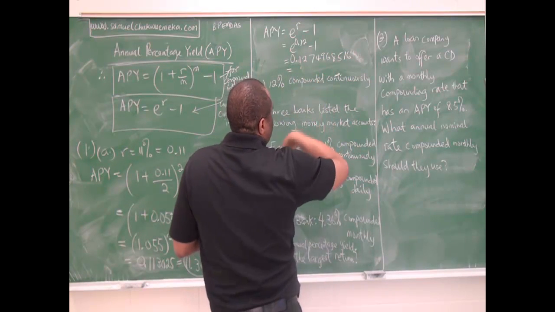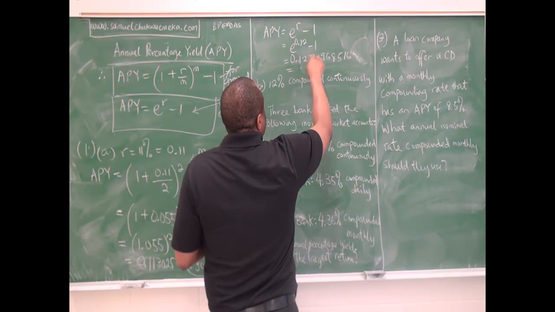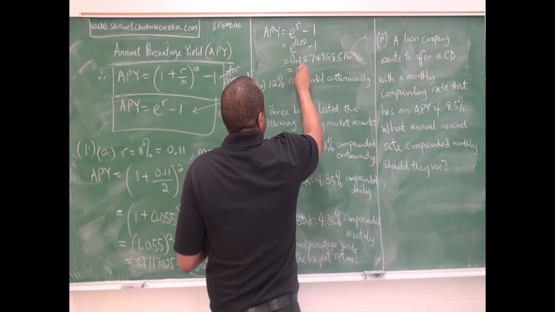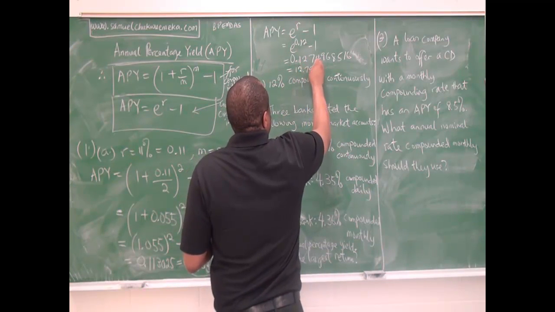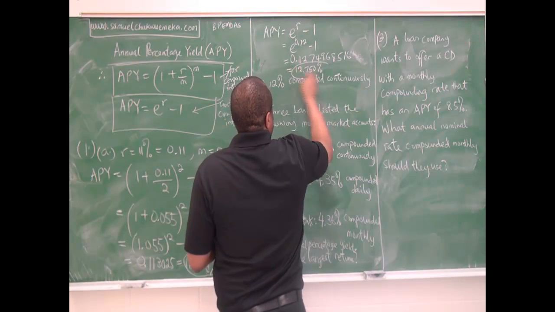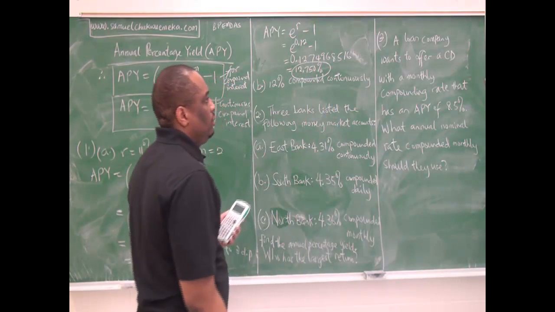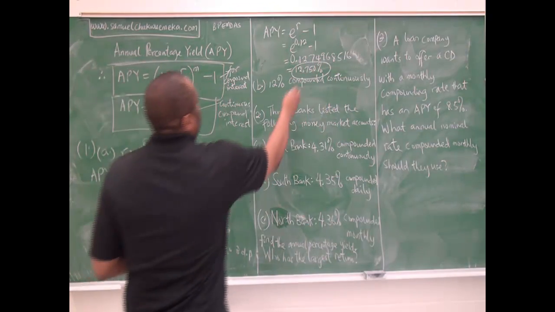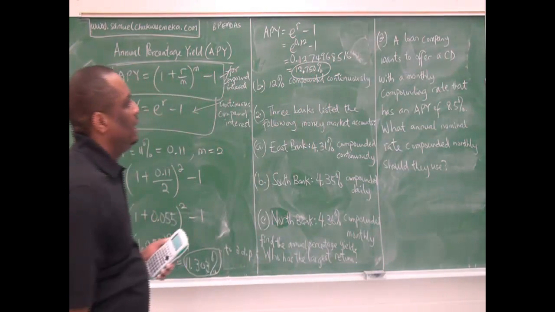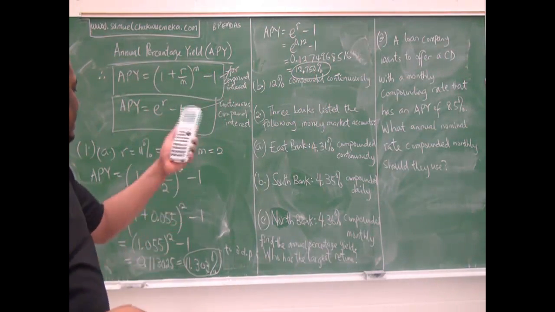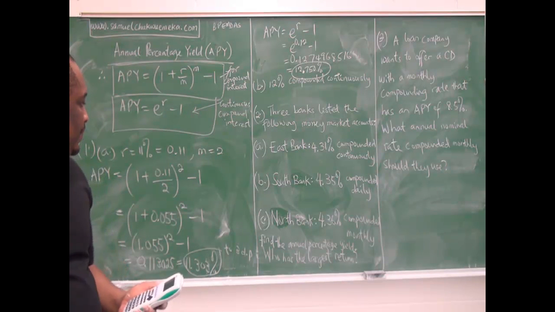Multiply by 100 and express to 3 dp. So this is 12.750%. Multiply by 100 and express to 3 decimal places. Yeah.